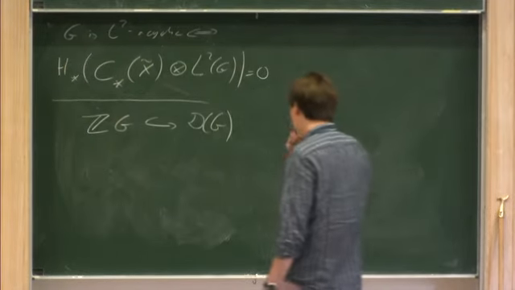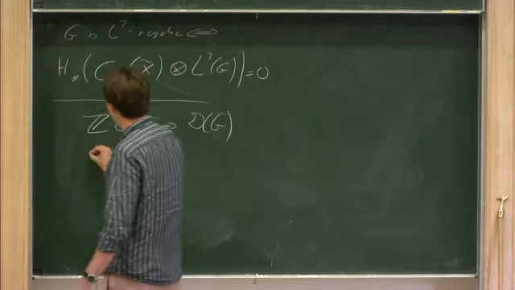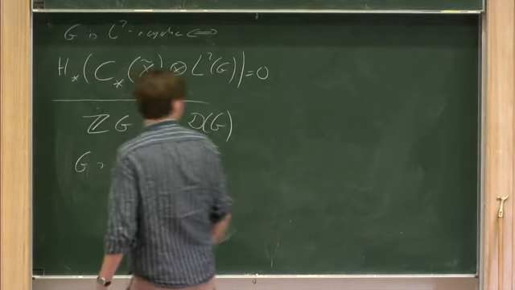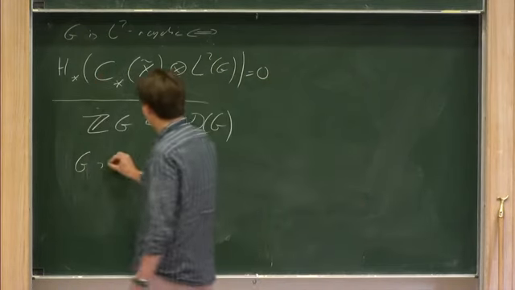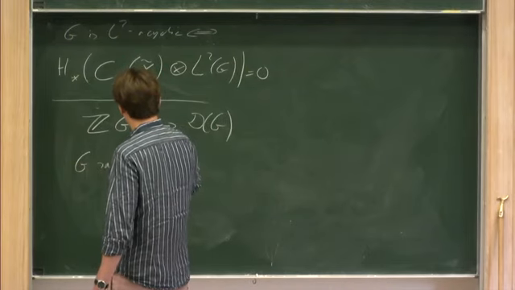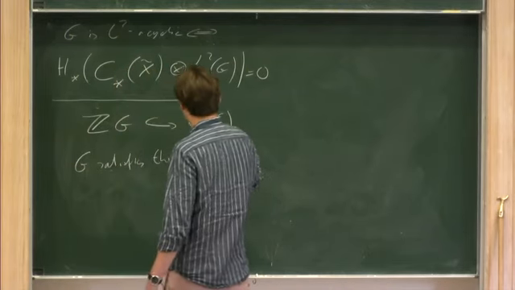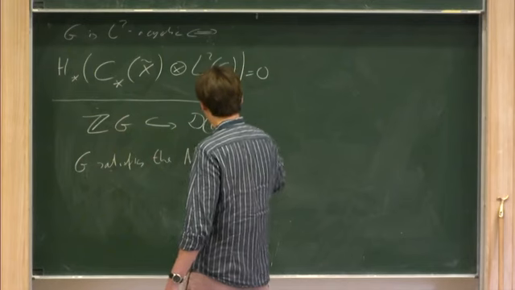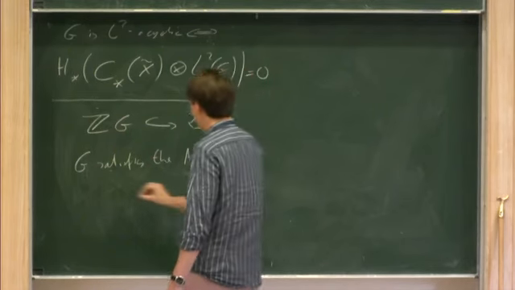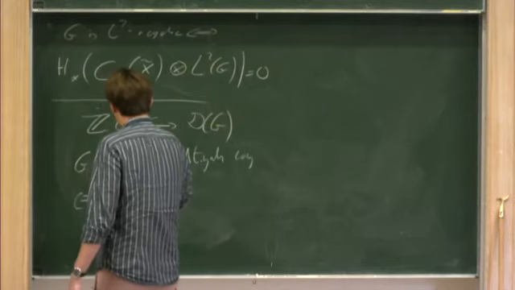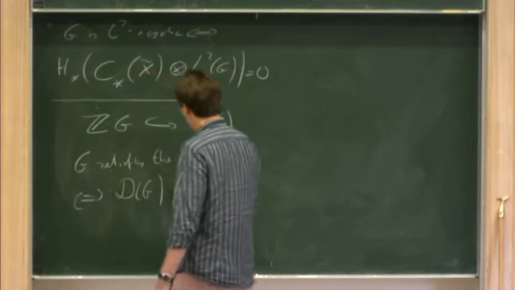Now here's the thing. G which satisfies the first bullet point satisfies the Atiyah conjecture if and only if this DG is a skew field.